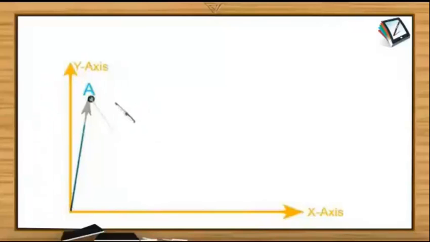Alright, so here is the position vector of this particle, the initial position vector. And usually we are given the coordinates of the particle.